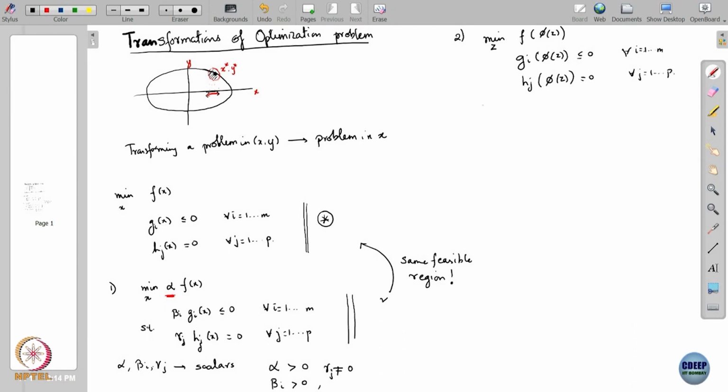Now, what is phi here? Phi is just, let us say, if my x is in R^n, then my phi is a function from R^n to R^n, and let us say it is one to one. So phi is some one to one mapping from R^n to R^n.